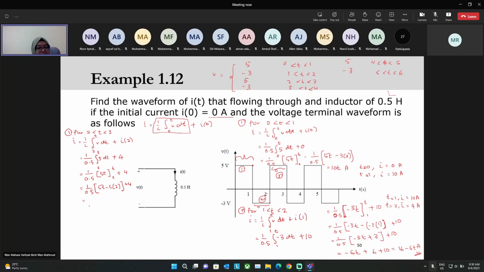So, 5 bahagi dengan 0.5 dapat 10 kan? 10T. 10 bahagi dengan 0.5, 20. So, simplify, you get 10T minus 16 ampere. This is the equations untuk 2 ke 3.